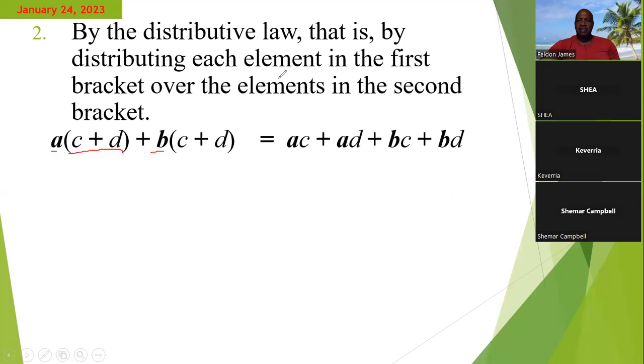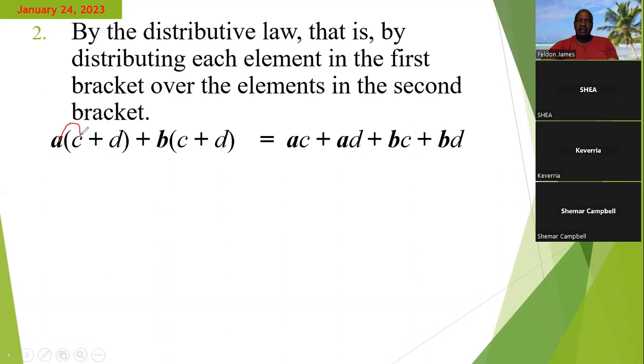Now, it is pretty much the same as what we were doing. We just split them up with two different brackets, two different scenarios. So the first term with the second bracket plus the second term with the second bracket. So it's still distributing the first term in the first bracket with the second bracket.